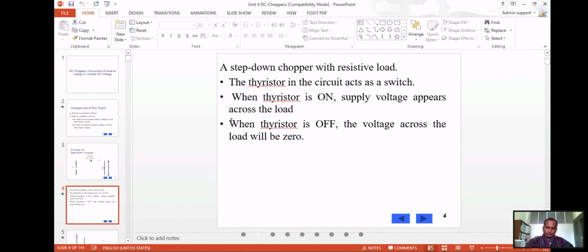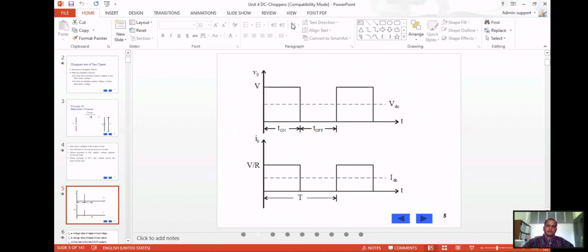So there will be a total time. The whole one cycle will have total time T. There will be a certain T on time and T off time. This is the whole cycle. Total time T will be equal to T on plus T off.